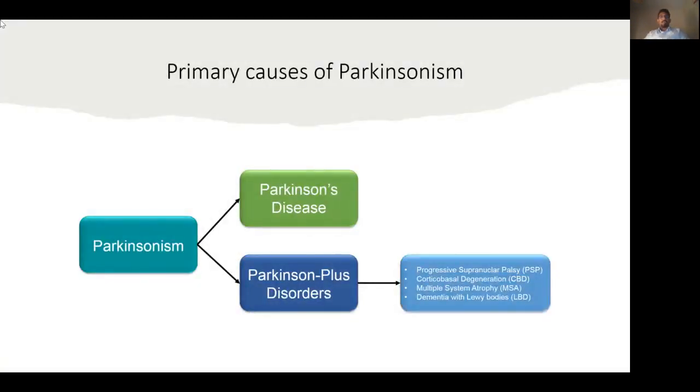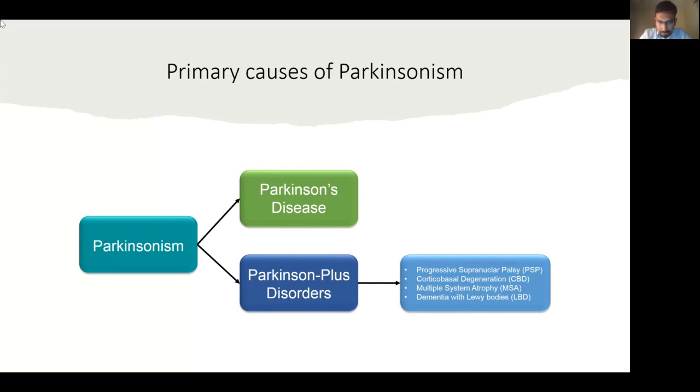Now, about causes of Parkinsonism, there are primary and secondary causes. As you understand, primary cause means the disease or the condition itself is responsible for the presentation, and secondary cause means something else affected the basal ganglia. That's how the symptoms of Parkinsonism came in.